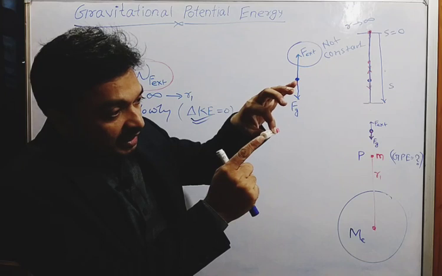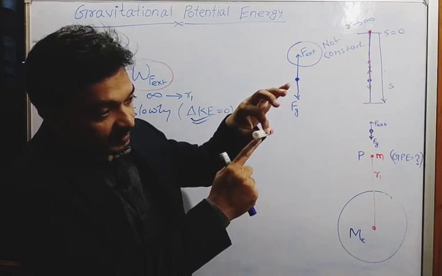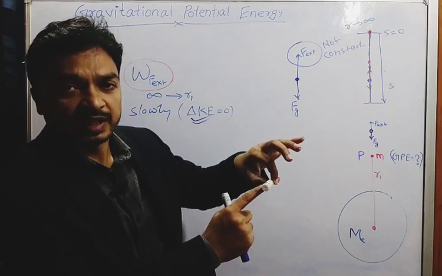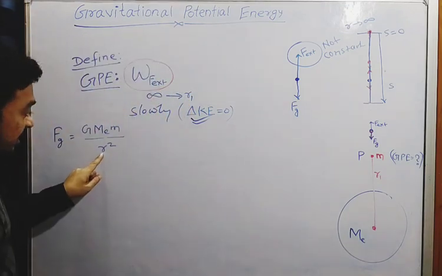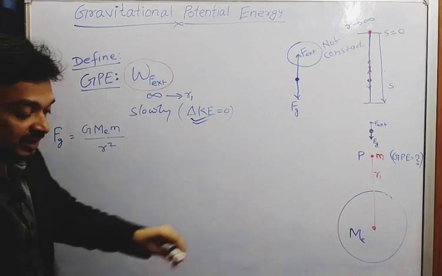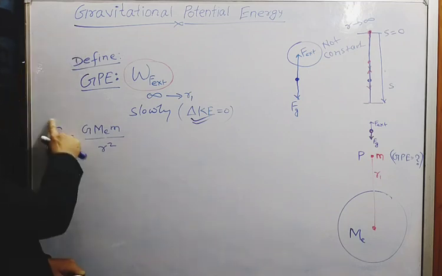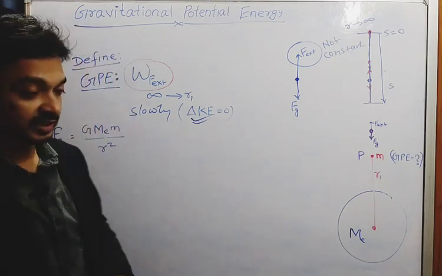Observe that the gravitational force acting at this place and at this place is approximately the same, because the variation in distance from the center of the earth is negligible. So the variation in this force is negligible.